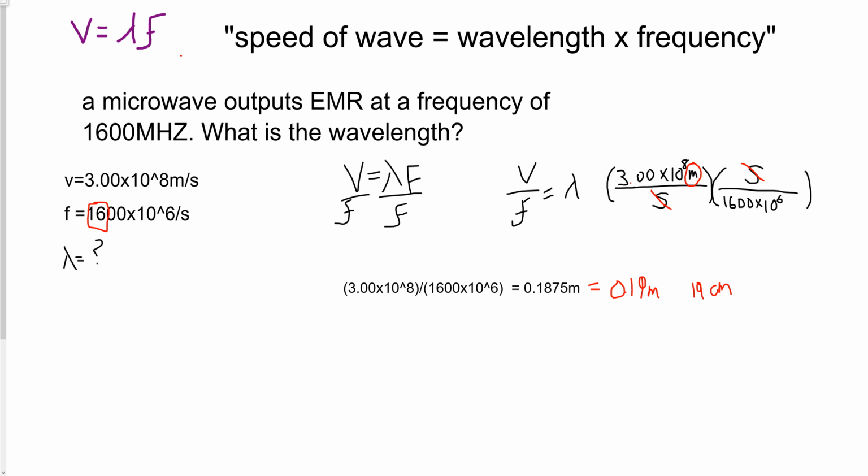So this is the kind of math that you need to do. It's really, really simple. So I'll do one more example. I'll give you a wavelength and we'll figure out the frequency.